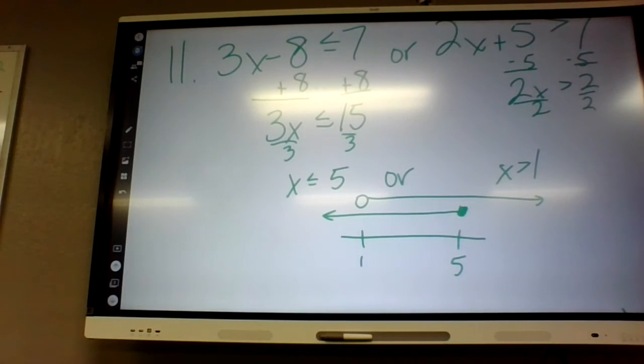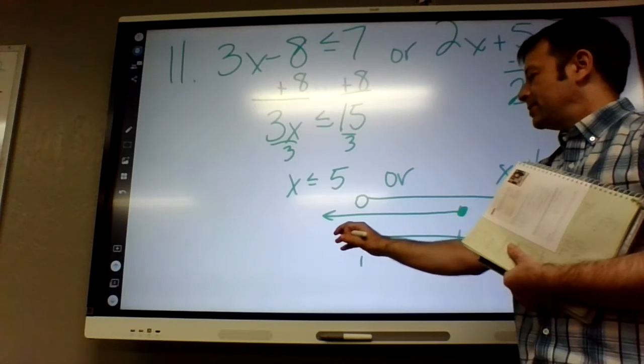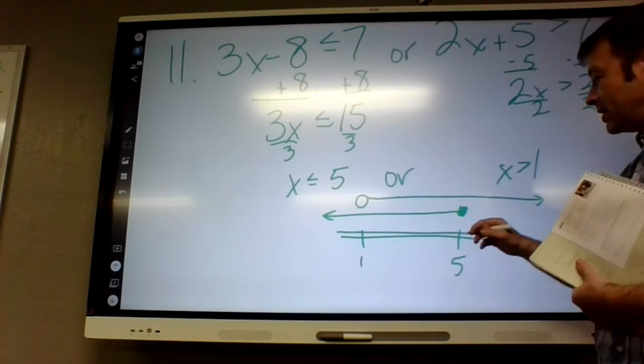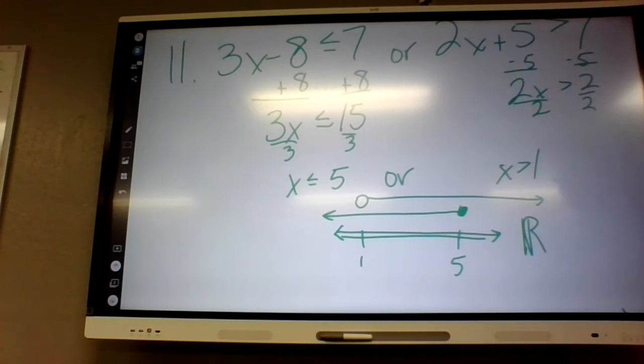If it's an or statement, what are we going to use? Everything. And what's covered? Everything. So it's all real numbers. So our final answer is a solid graph and the all real numbers symbol, which is supposed to be like a fancy R kind of like that.